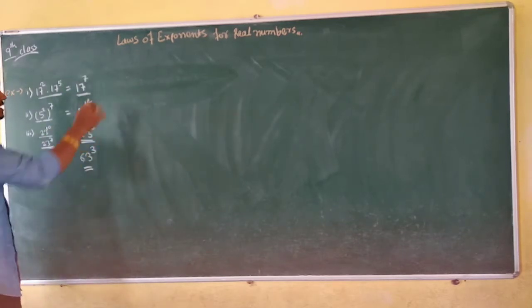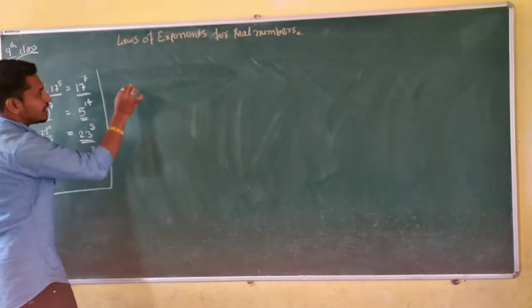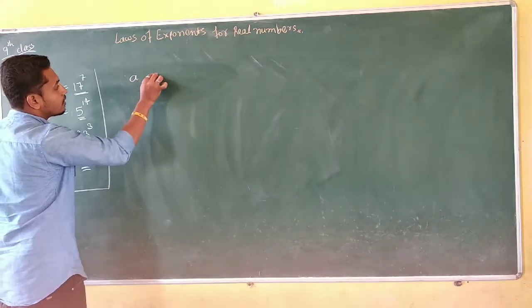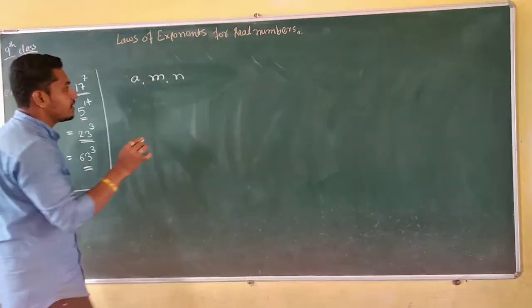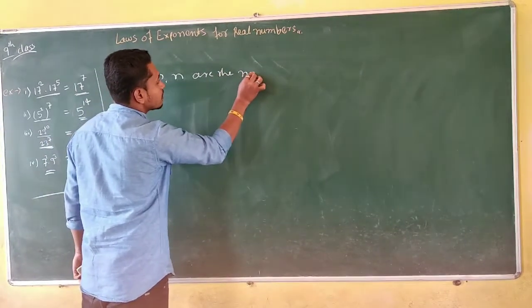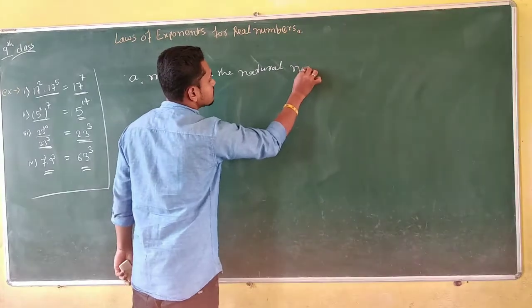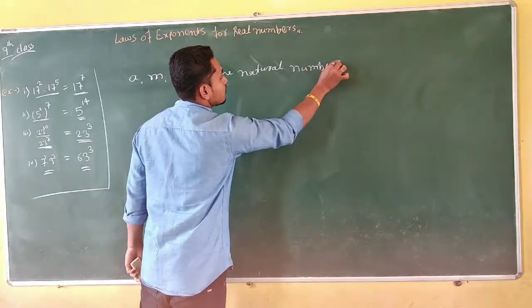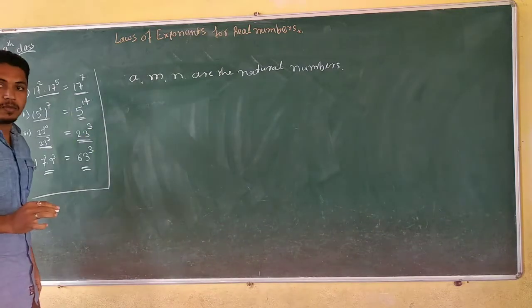How is it? See here, I will explain it. Consider a, m and n are natural numbers.